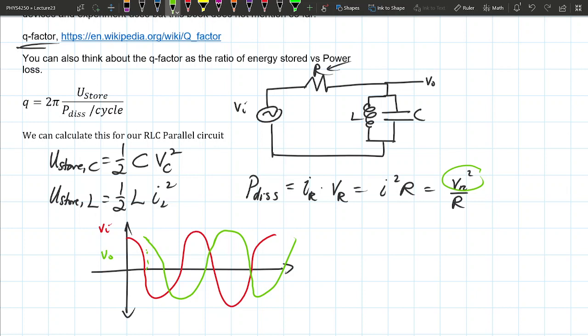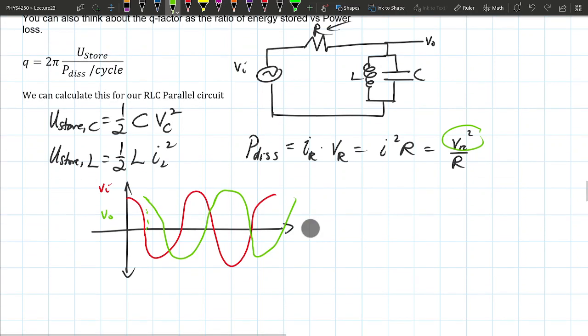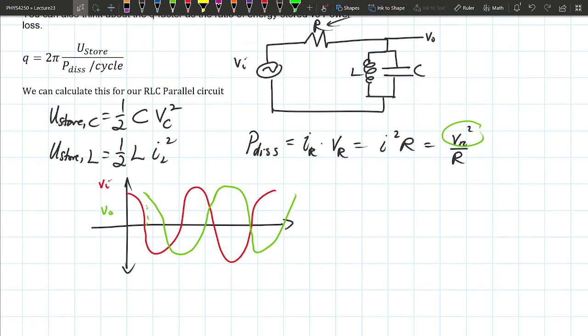The most current, most power gets through this thing when V in is much bigger than V out. And where does this happen? If we're looking at this plot here, V in is the red, V out is the green. It happens at these peak values of Vn. That's when you get the most power being dissipated.